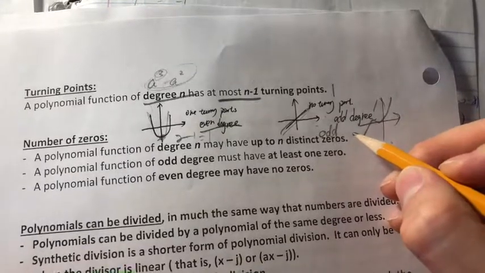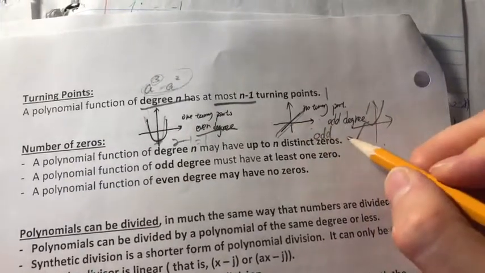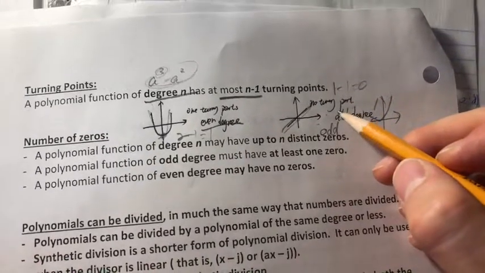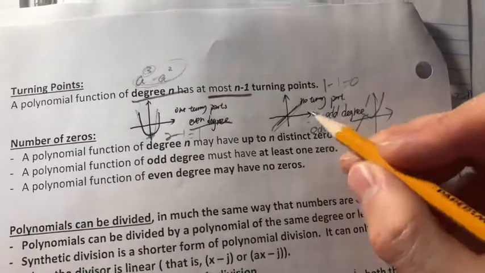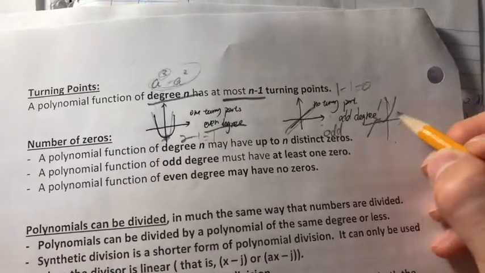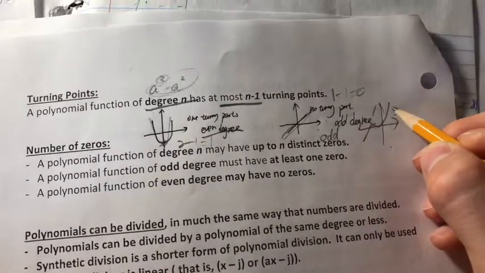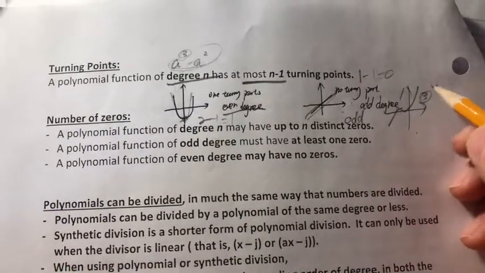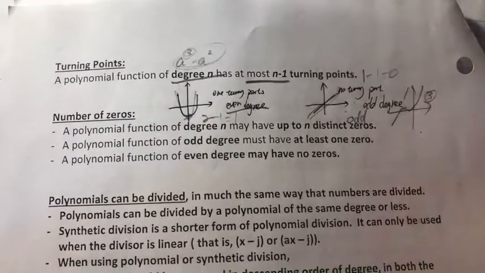Okay, so they can have 0 turning points. Or the odd function, they can just have no turning point, because if you look at this, the biggest exponent is 3. It won't really have any turning point.